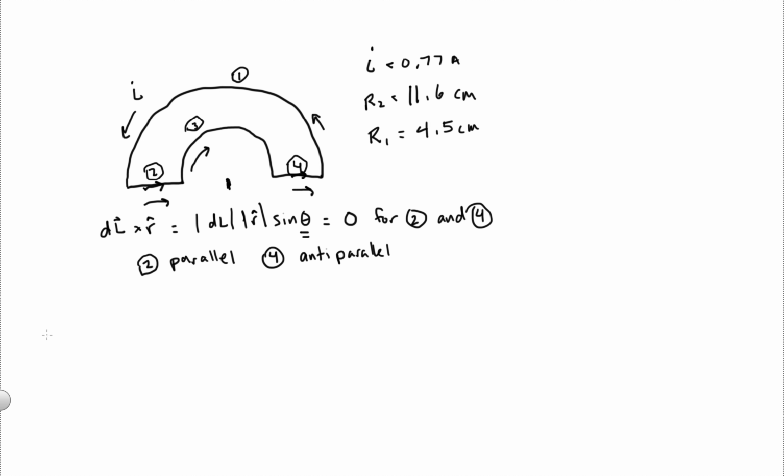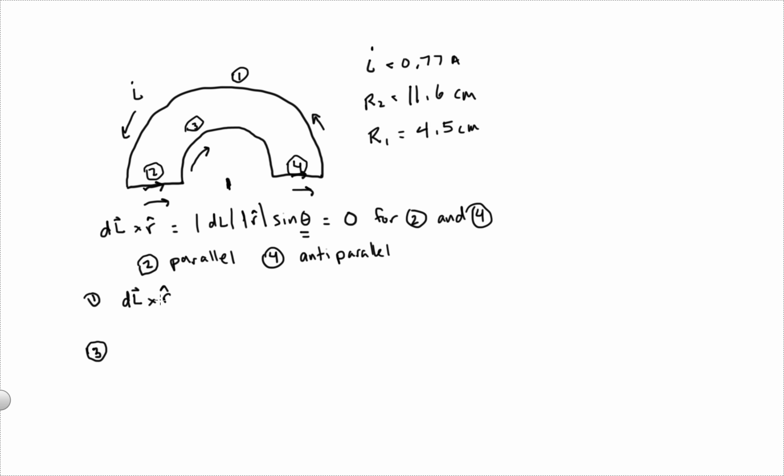Okay, so for 1 and 3, let's look at the direction of this thing first. So dL crossed into r hat.